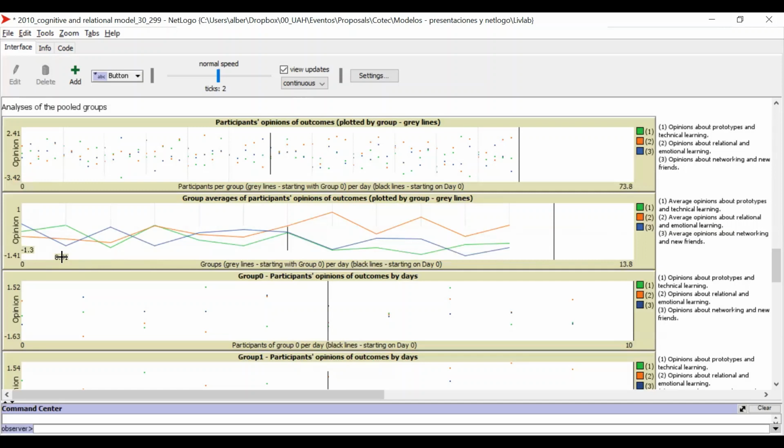Now, the second graph shows the same information, but summarizing by group, averaging the opinions of all the members of each group. That means that every 3 dots is a group, and those 3 dots are the results of averaging the scores of the opinions of each of the group members. So these 3 dots represent the first group, group 0.